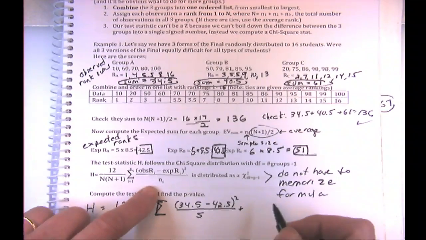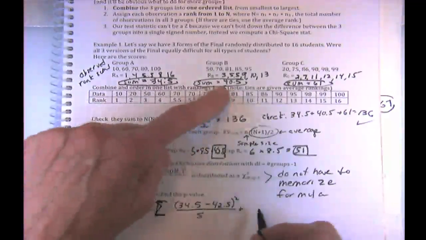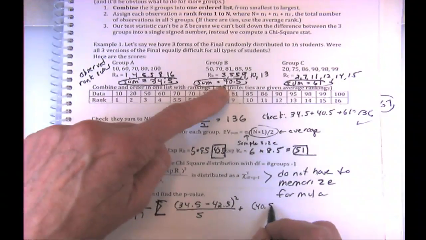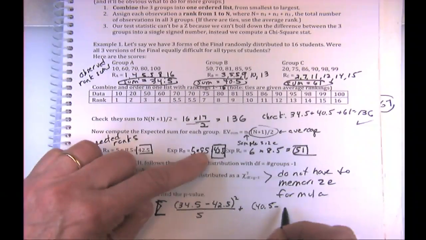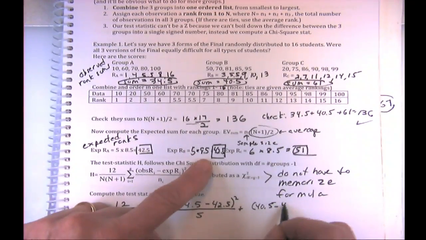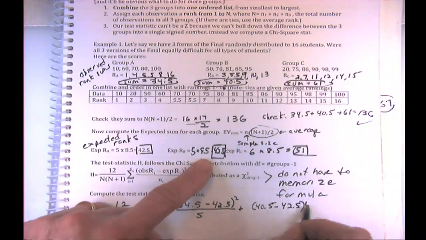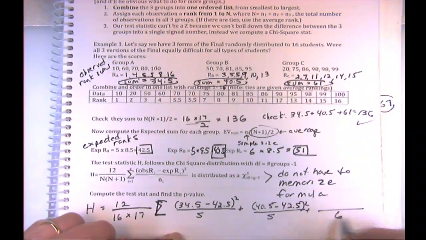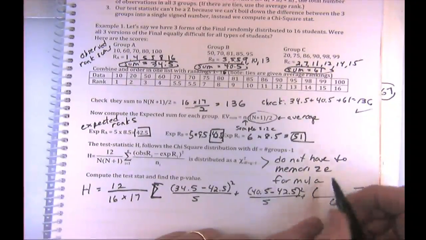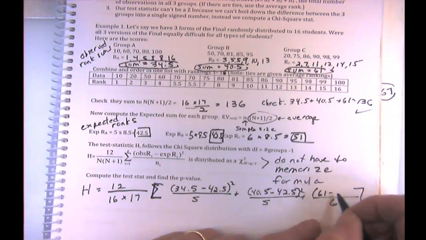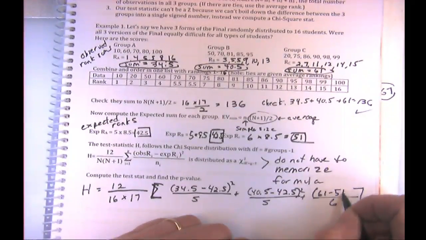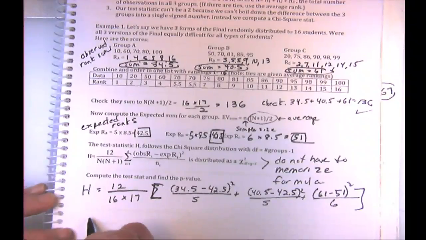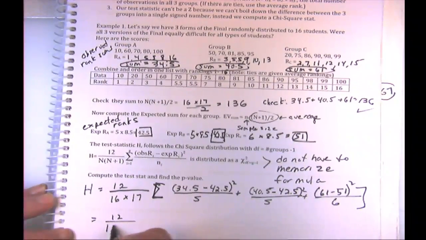We'll do the same for the next group: 40.5 is the observed minus its expected, again 42.5, squared over its sample size. And the last one is going to be over 6, because we have 6 in the sample size, and the observed here is 61, and the expected is 51, squared. So that's it.